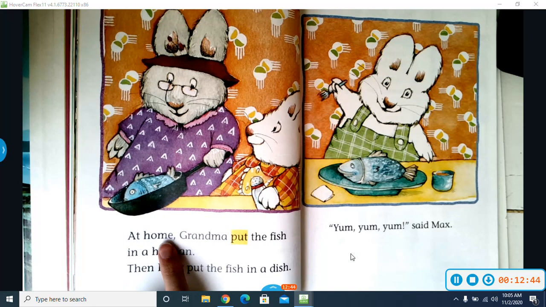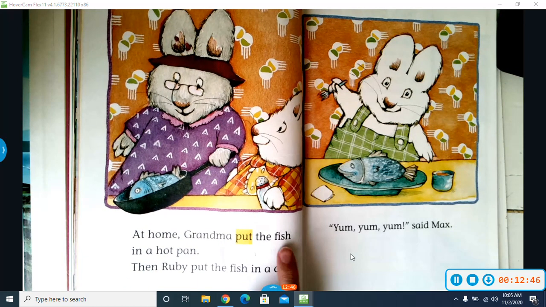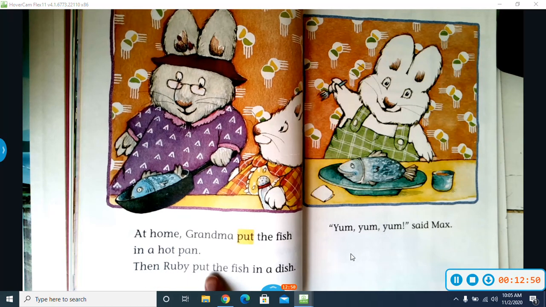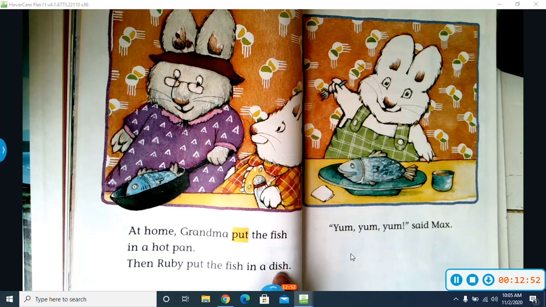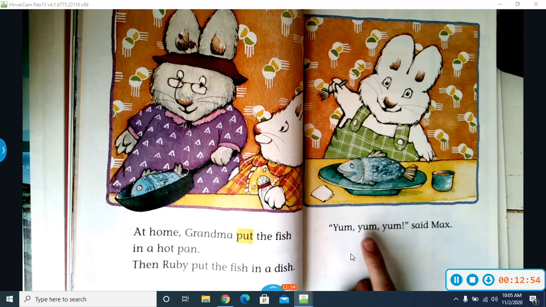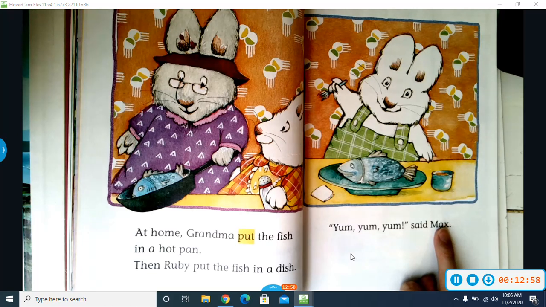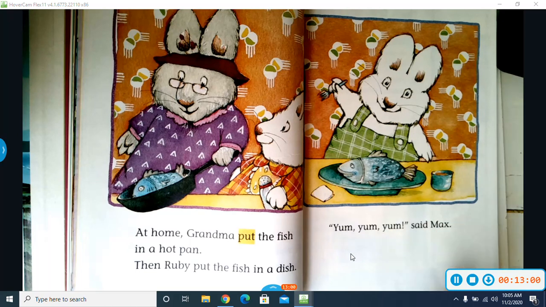At home, Grandma put the fish in a hot pan. Then Ruby put the fish in a dish. Yum, yum, yum, said Max. I think Max got what he wanted after all, right?